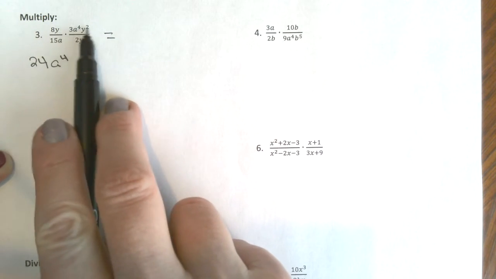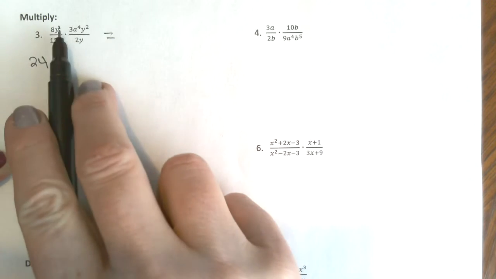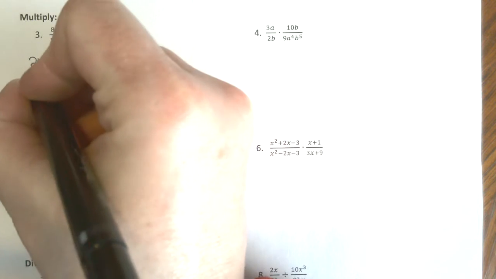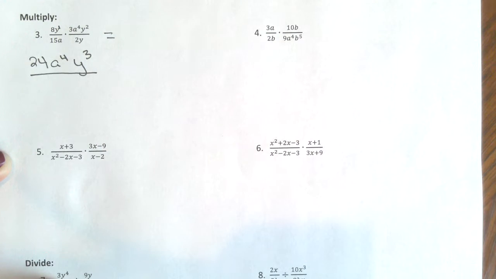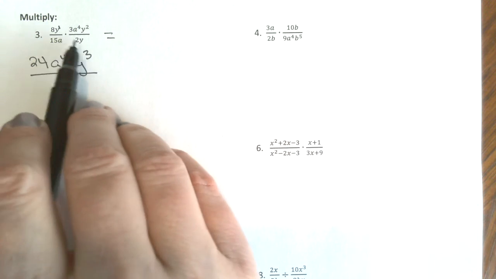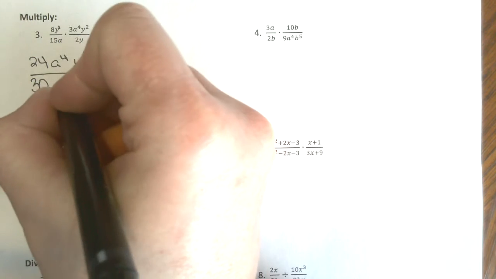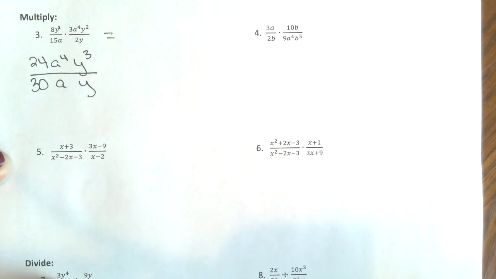So I don't have any other a's, so I'm going to have just a to the fourth. And then when I multiply my y's, there's an invisible 1 on that one. So y to the first times y to the second. You add your exponents, and I get y to the third. And in the denominator, let's see, 15 times 2 gets me 30. And then I have ay.